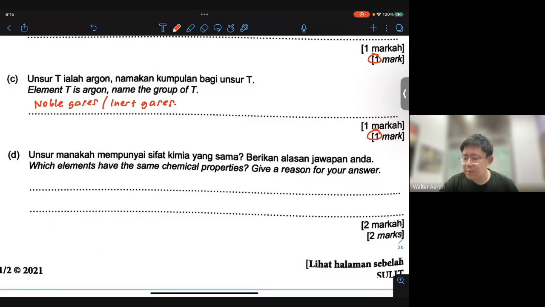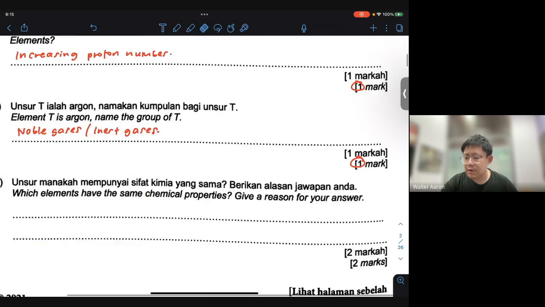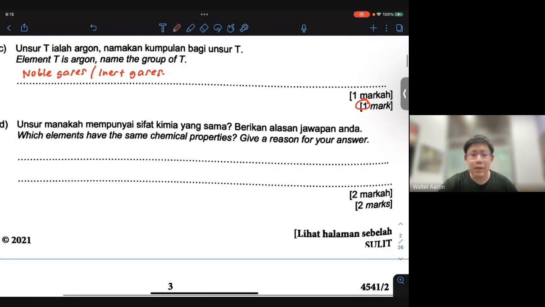Next one, D: which elements have the same chemical properties? Give your reason for the answer. Normally if elements are placed in the same group, they have the same chemical properties. The reason is because they have the same number of valence electrons, so they can react similarly. So you see over here, P and S is the answer. If you answer P and S, you get 1 mark already. And then you explain why.